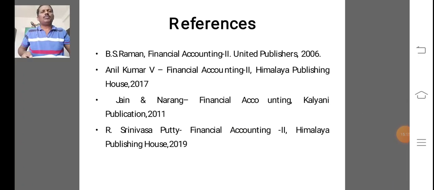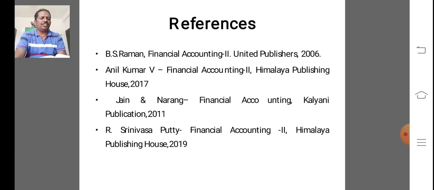So now I conclude the branch accounting. In this last session, I am once again repeating. In branch accounting, we know the introduction about the branch and definition of the branch and objective of the branch and purposes of the branch accounting and what are the types of branches.